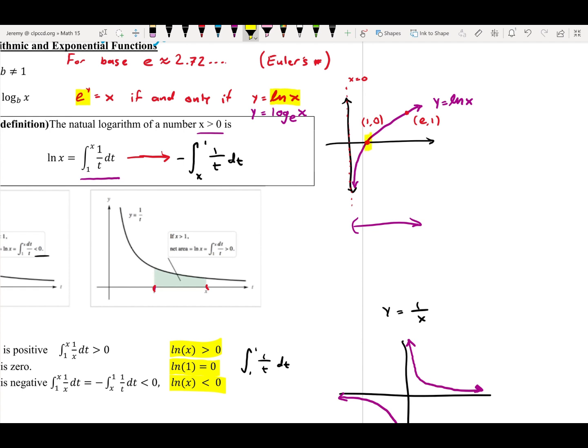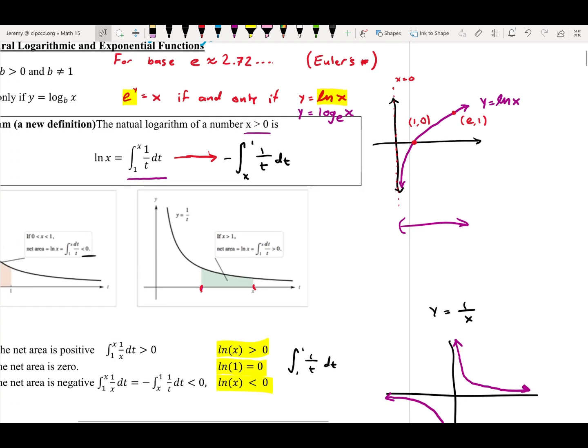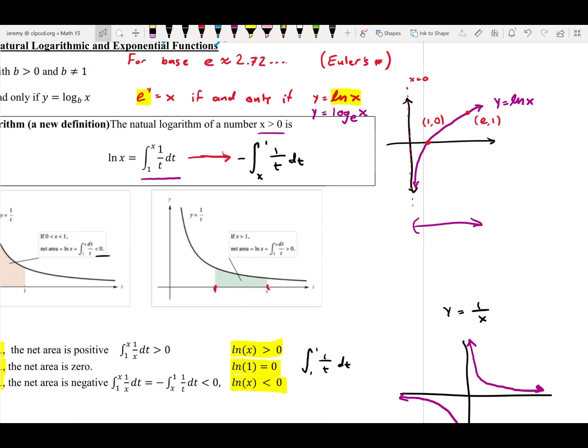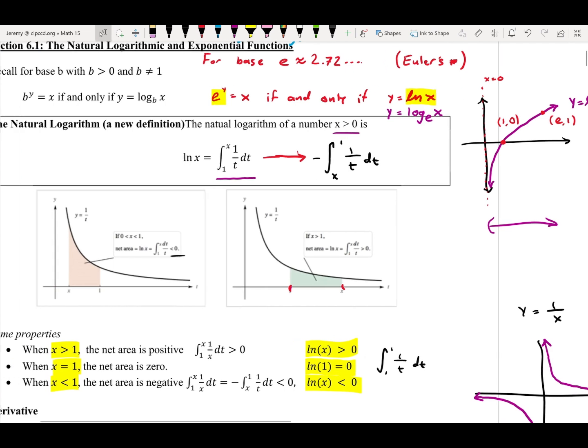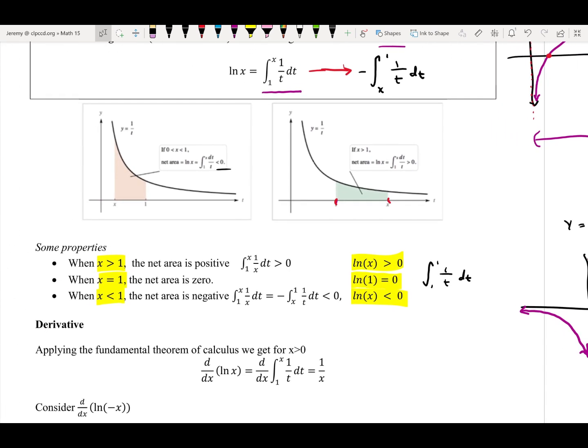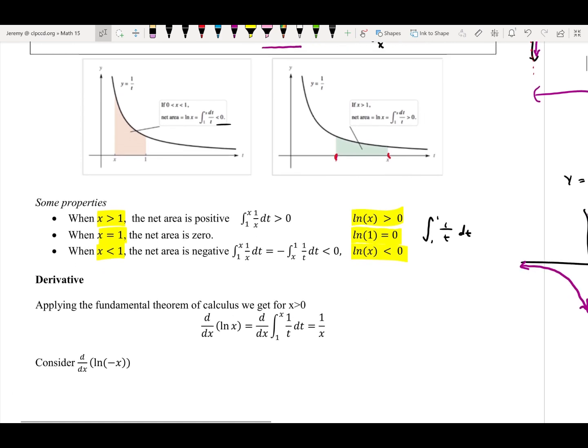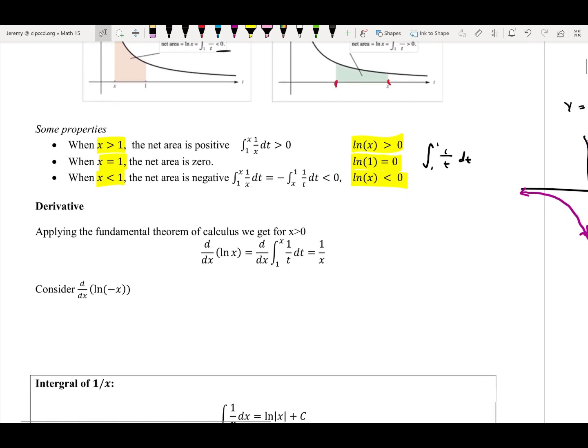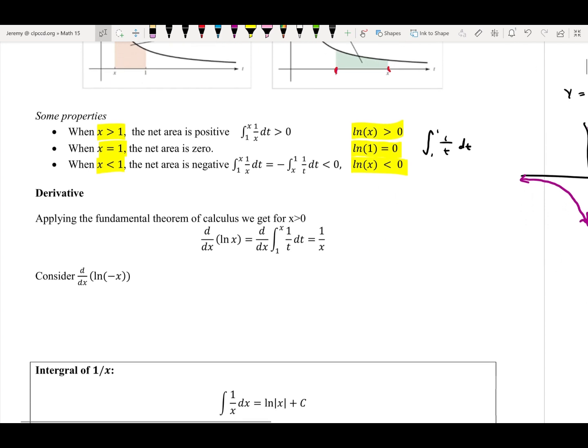And then right here at the x-axis, where we have an output of 0, if we put in 1, we get out 0. So this totally works with everything we already knew about this function. It's just a new definition in terms of an integral. All right, let's keep going.